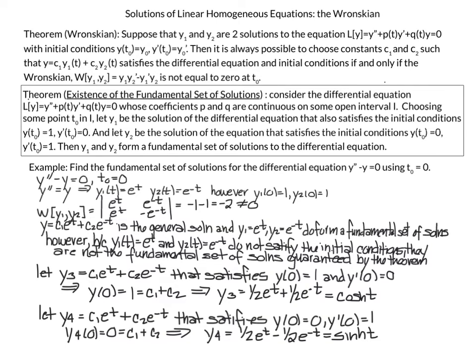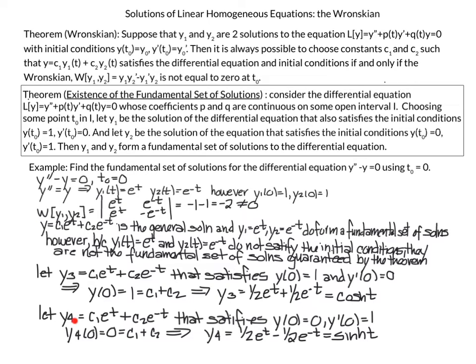I can easily find a c1, c2 that equals 1. In fact, y3 is equal to 1/2 e to the t plus 1/2 e to the minus t will be my solution. And if you know your cosh, your trigonometry functions well, you will recognize this as cosh of t. And if you don't know, you can just take my word for it, but maybe jot this formula down somewhere.